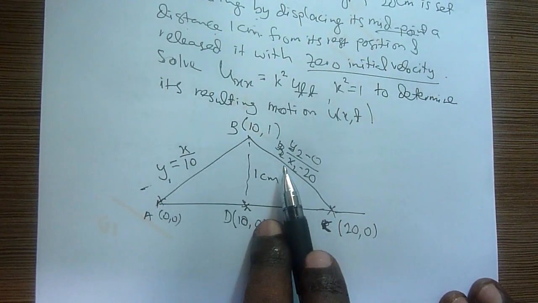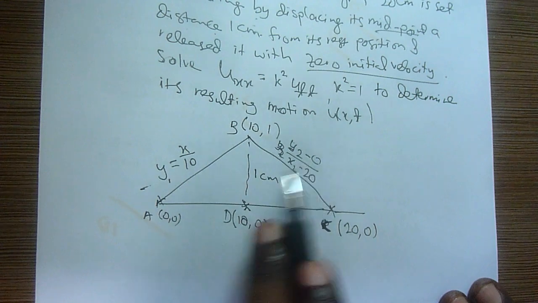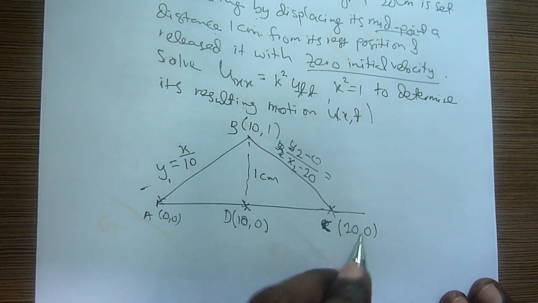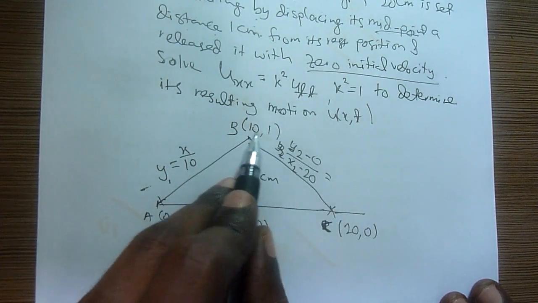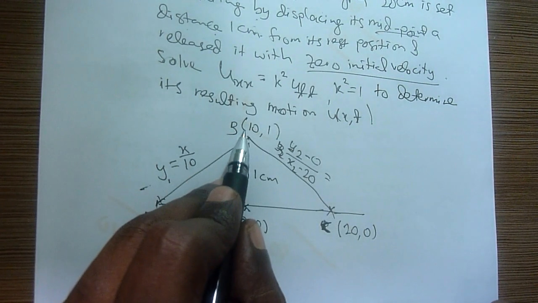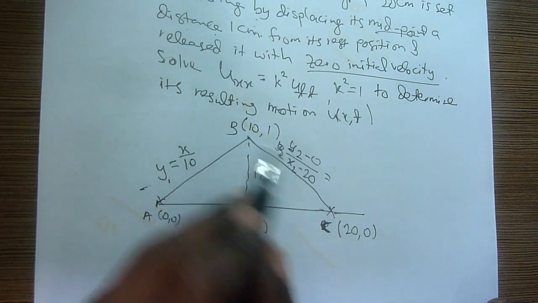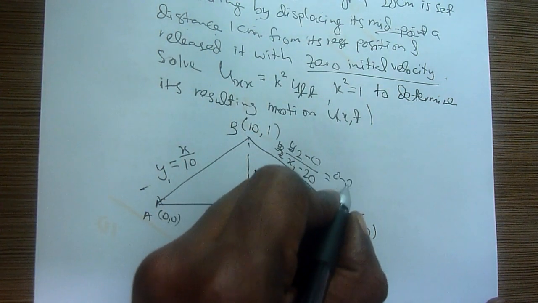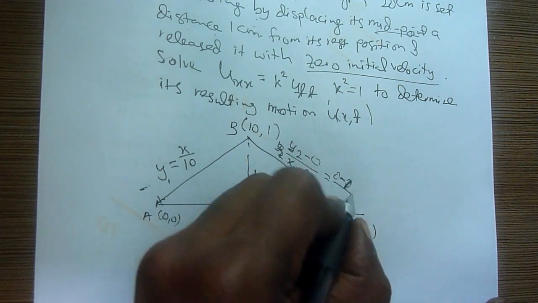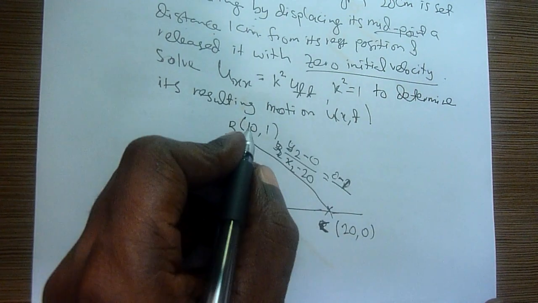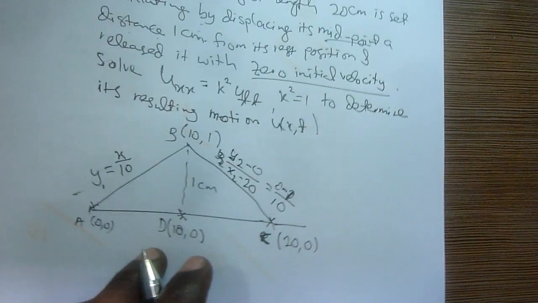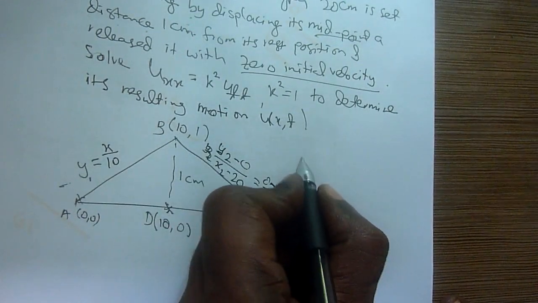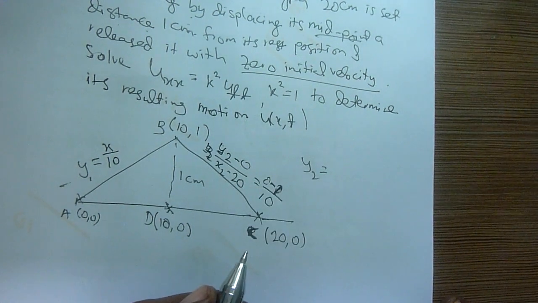I put y2 just to differentiate this, equals to, you can get the difference between these two, right? 0 minus 1, 0 minus 1, divide by 20 minus 10. 20 minus 10 is 10. Can I write like that? Now what is the equation here? y2. Can I simplify that equation?